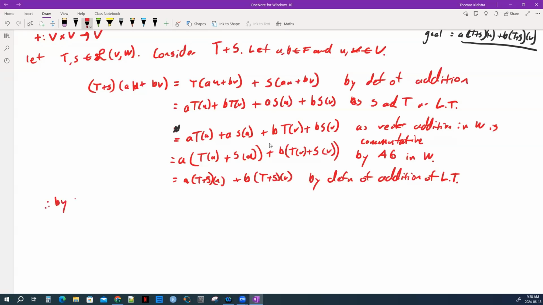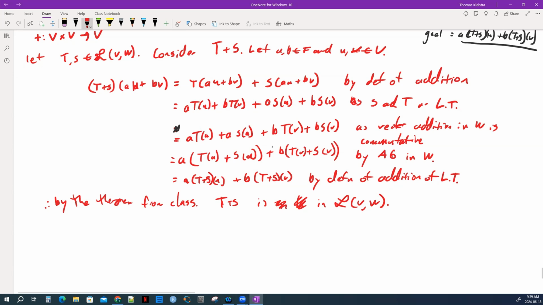Therefore, by the theorem from class, T plus S is in the set of linear transformations from V to W. And the big thing here is that I'm looking at this, the set of vectors is my linear transformations.